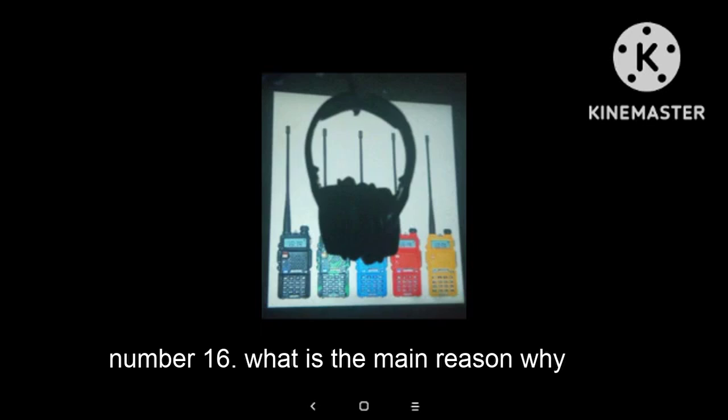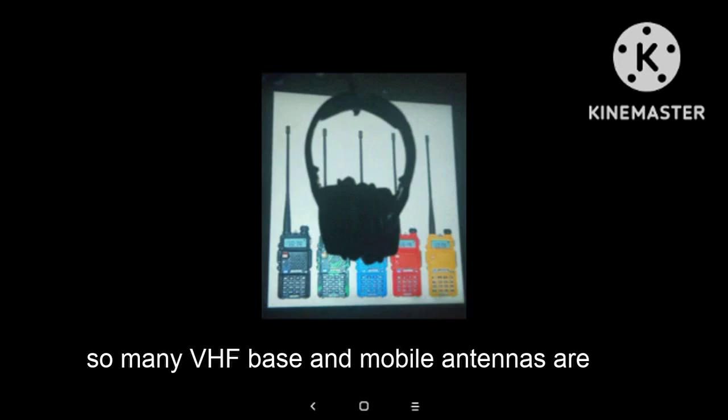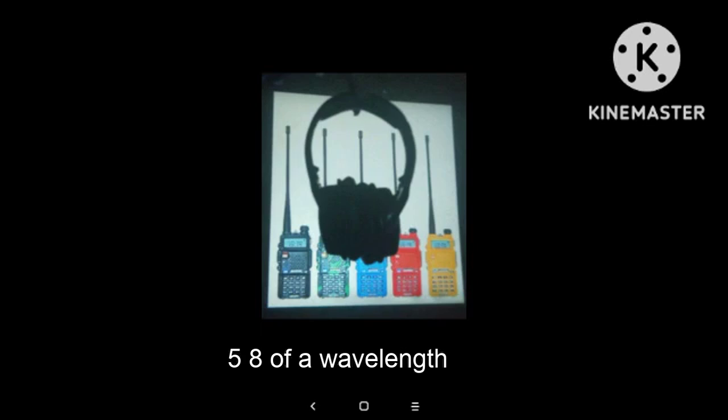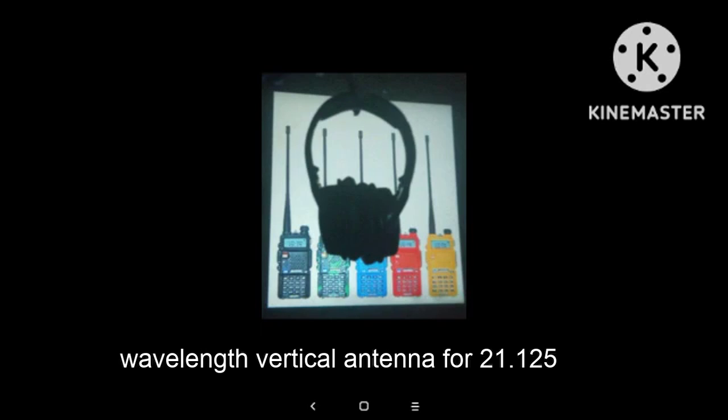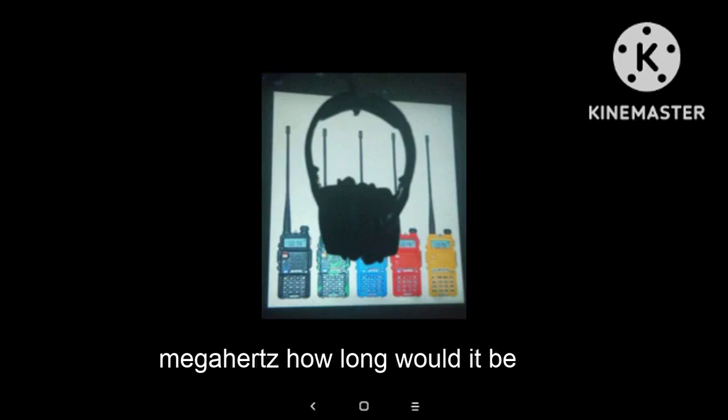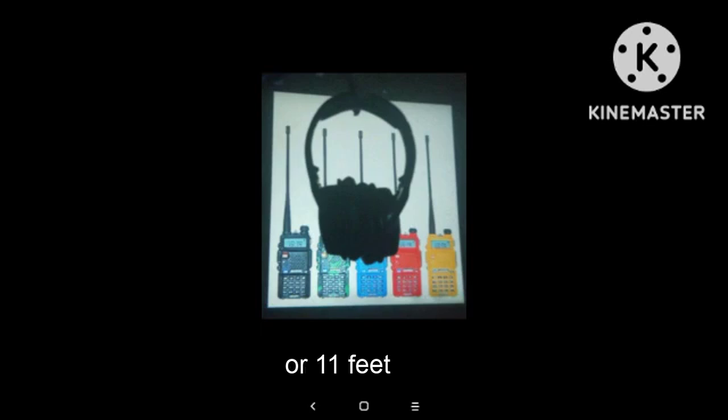What is the main reason why so many VHF base and mobile antennas are 5/8 of a wavelength? The angle of radiation is low. Number 17. If you made a 1/4 wavelength vertical antenna for 21.125 megahertz, how long would it be? 3.36 meters or 11 feet.